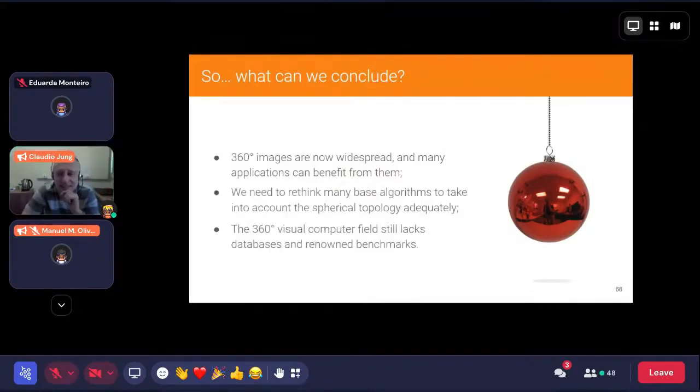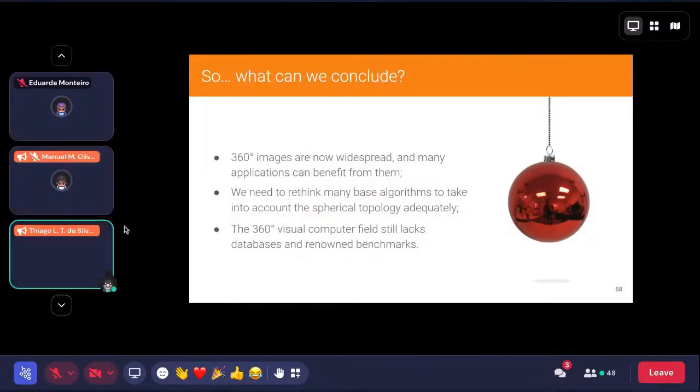So I think the main conclusions that we can get here is that panoramas are popular, and as Cláudio mentioned, virtually any application can benefit from it. There are some issues that we discussed in the main challenges section.